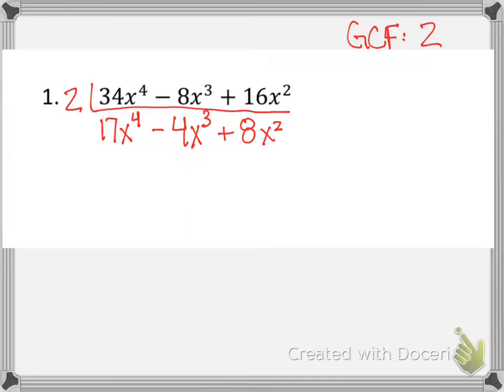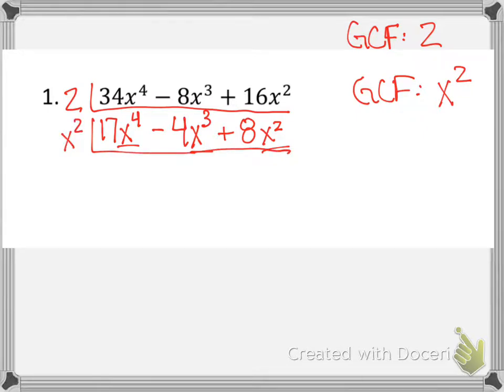And then if I'm going to look at my greatest common factor of just my variables, I'm actually going to look at just the lowest exponent, which is x to the second power. So let's divide everything by x to the second power. In other words, subtract 2 from every single exponent.